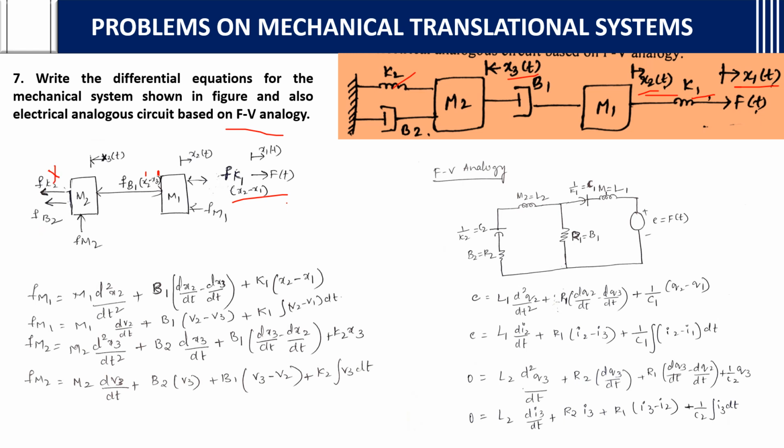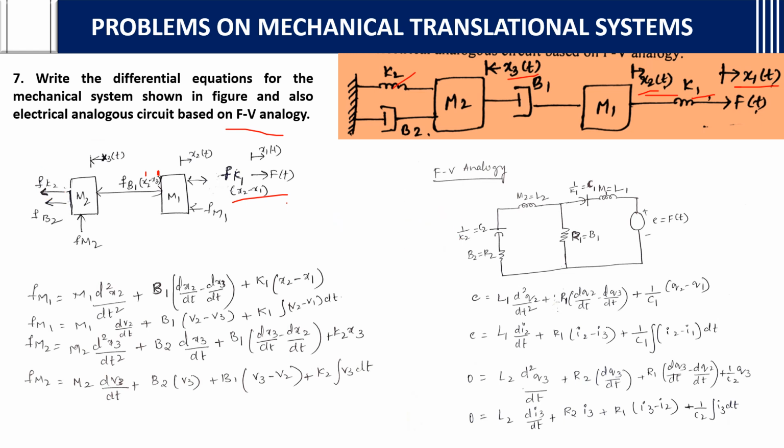Actually, what I have considered here is forces. I didn't mention it. If we are considering B2 into x3 dash, then directly we can write. But I took F_B2 and F_K2 here, so it's okay. Like this also you can write. No problem. F_K2 is the notation, and F_K2 will become K2 into x3. Understand? Either you can write F_K2 or K2 x3, it's your wish.